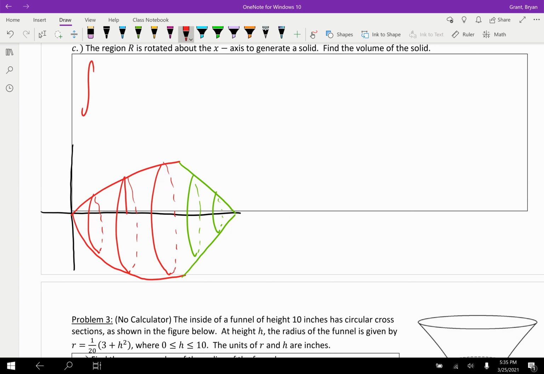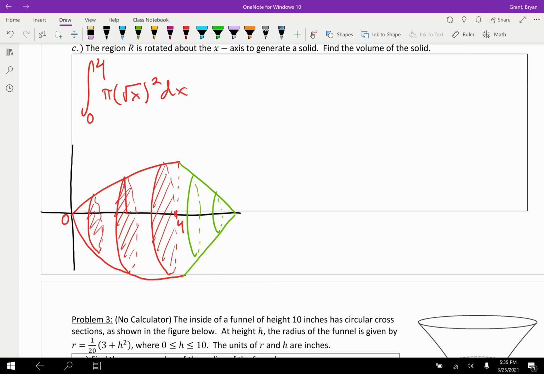So the first part, going from 0 to 4 right here, is going to be one part of the solid, and it needs to be pi times the radius, the square root of x, squared, dx. If I did that, that would find all of the red disks summed up. But then we also have these green disks. In fact, this shape over here, you might even recognize as maybe a pyramid, something like that.